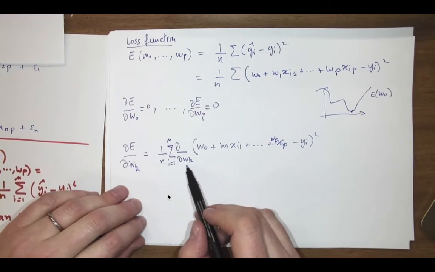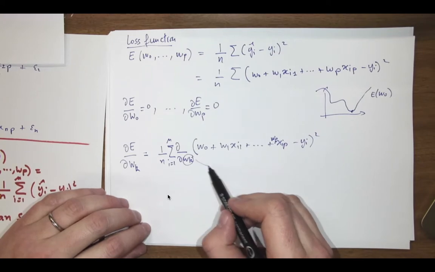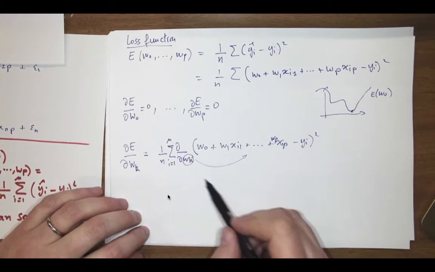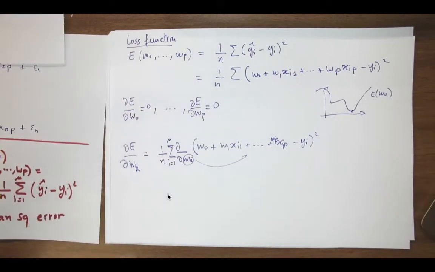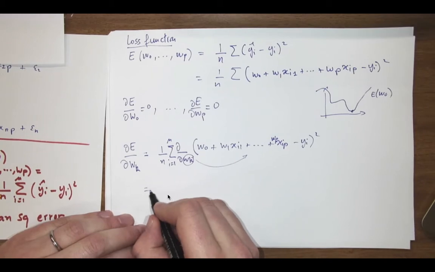There's only one wk in that expression here. Remember, the derivative for a polynomial of order 2 is quite straightforward.